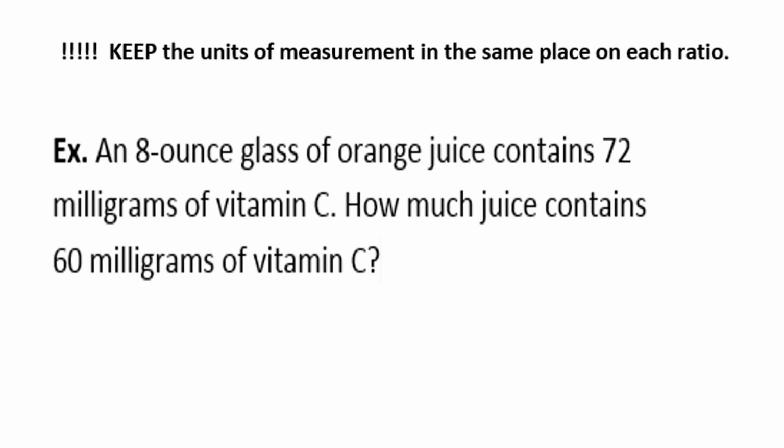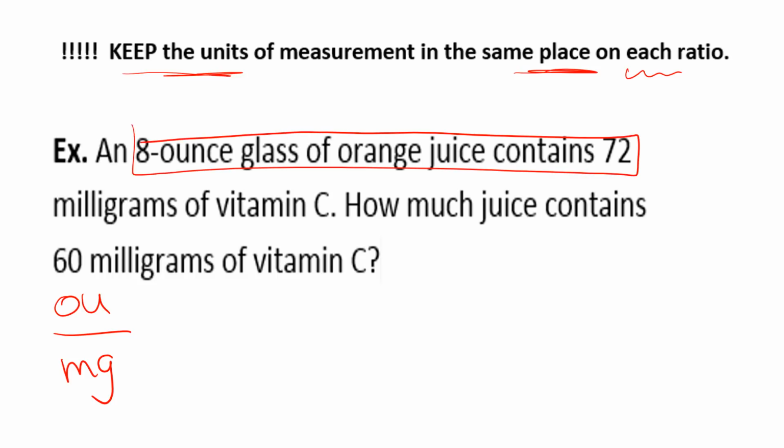Let's try some word problems. The key here is to keep the units of measurement in the same place on each ratio. Example, an 8-ounce glass of orange juice contains 72 milligrams of vitamin C. How much juice contains 60 milligrams of vitamin C? Let's put our ounces as our numerator and our milligrams as our denominator. The first ratio we set up is going to be 8 ounces over 72 milligrams.